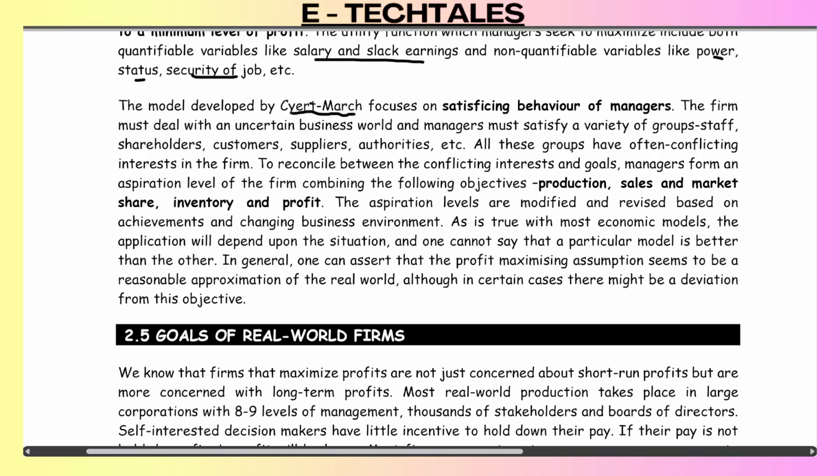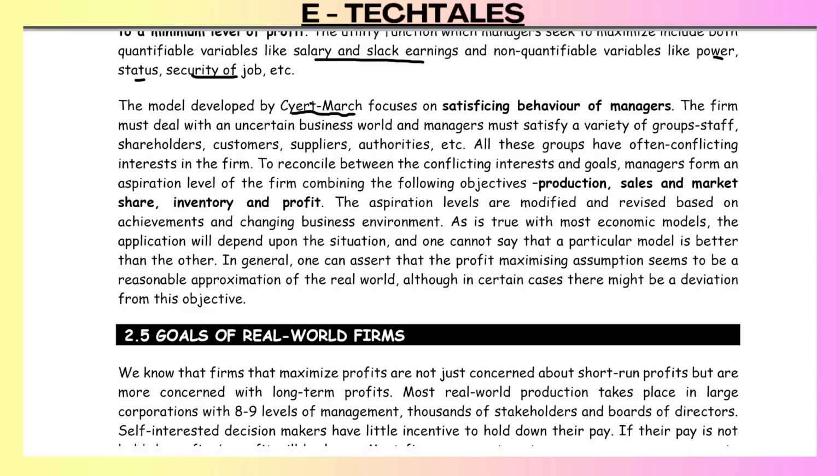In Mr. Cyert and March's model, the focus is on the satisficing behavior of the managers. The firms operate in an uncertain business environment. The manager must satisfy various groups that include staff, shareholders, customers, suppliers, and authorities.